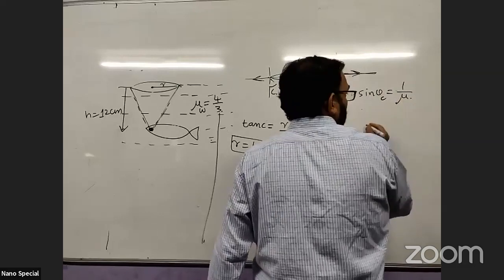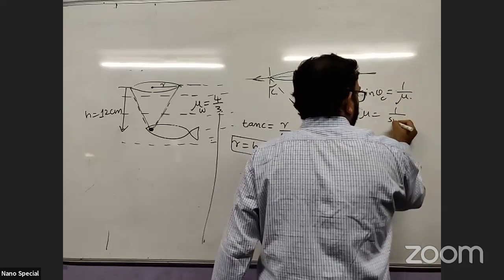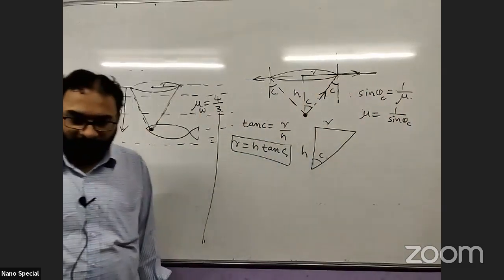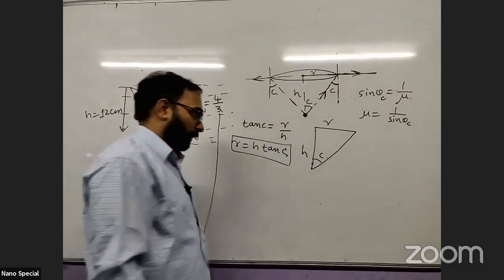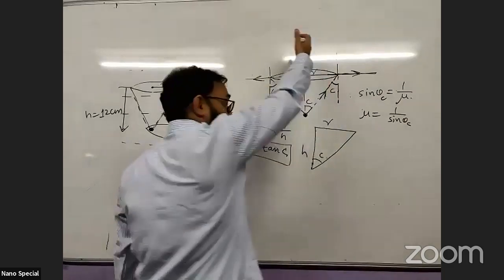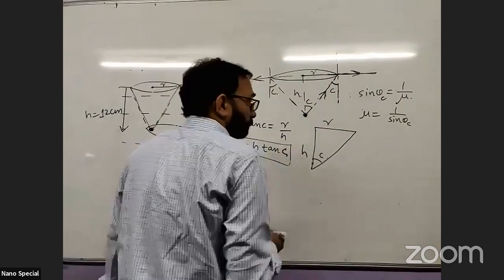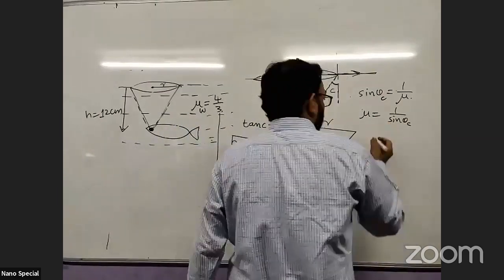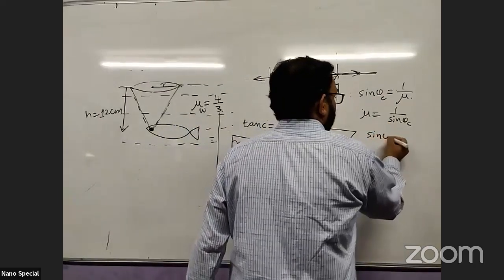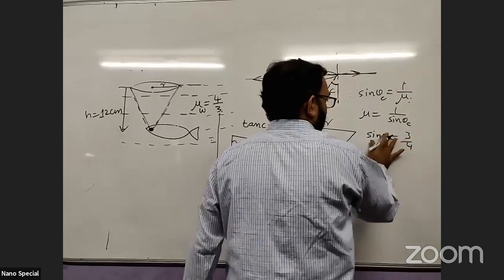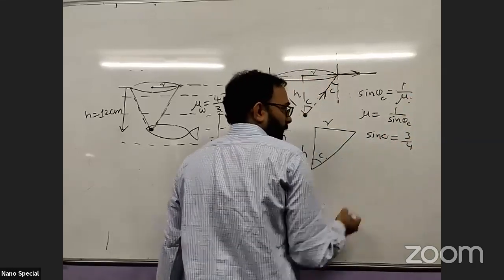This is the relation we know when the light ray is traveling from a denser to a rarer medium, water surface to air surface. Now here, the refractive index is 4 by 3. So sin C is 1 by 4 by 3, that is 3 by 4. Sin C is 3 by 4.